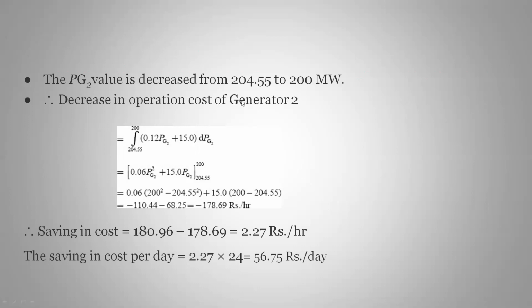Decreasing operation cost of generator 2, integral 204.55 to 200, second unit 0.12 Pg2 plus 15 into dPg2. So 0.12 by 2, 0.06 Pg2 square plus 15 Pg2, 200, 204.55. What is the calculated cost? Minus 178.69 rupees per hour.